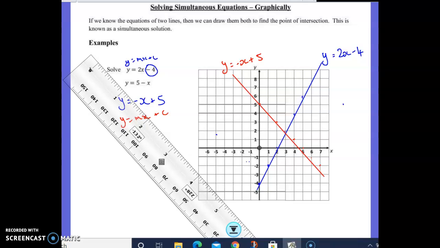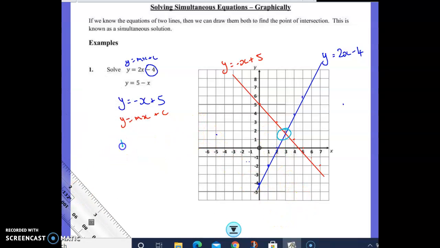What I'm interested in is the point where these two meet. Now, it should be right on that point there. It's just been my bad drawing on this. You can see this line here is not quite in the correct place. So your point of intersection here would be the point 3, 2. Remember, we always go along first, so along to 3, up to 2.